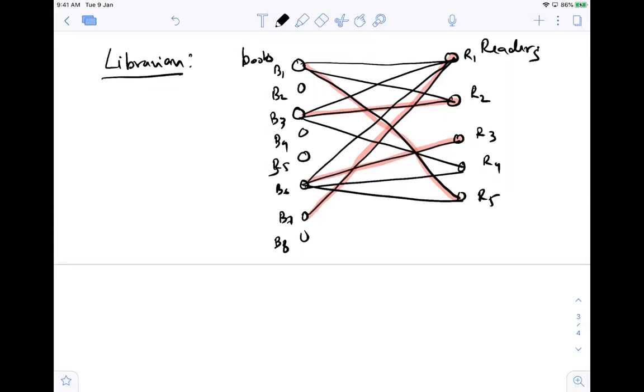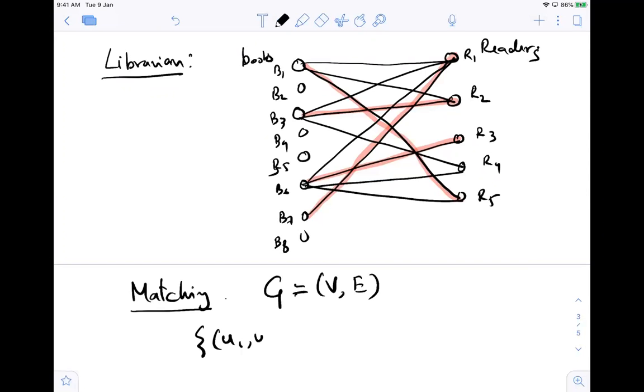Okay. So what is the object that we are looking at? We are looking at what is called a matching. What is a matching? If you are given a graph G = (V, E), a matching is a collection of edges (u1, v1), (u2, v2), till (uk, vk).